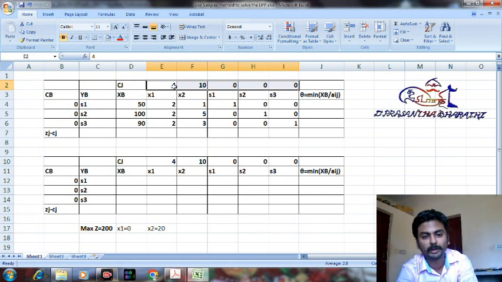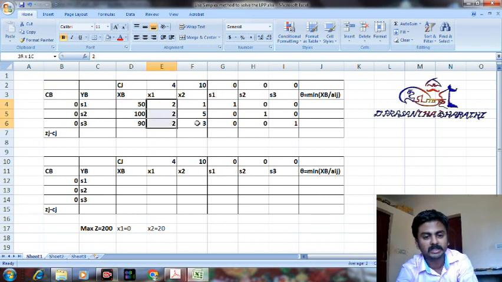So 4 is the coefficient of x1, 10 is the coefficient of x2, 0 is the coefficient of s1, 0 is again the coefficient of s2 and 0 is again the coefficient of s3. And here we are writing the right hand side of our constraints: for the first constraint it is 50, for the second constraint it is 100, and for the third constraint it is 90.